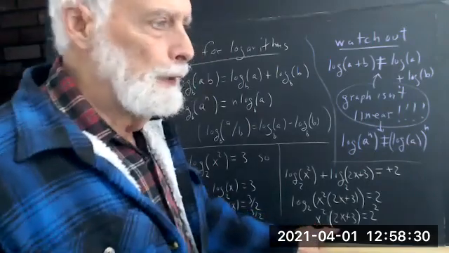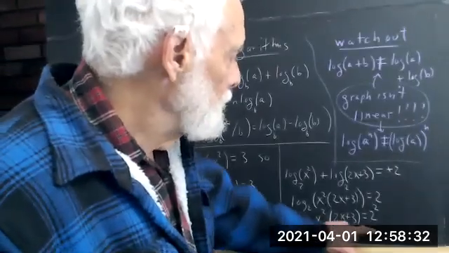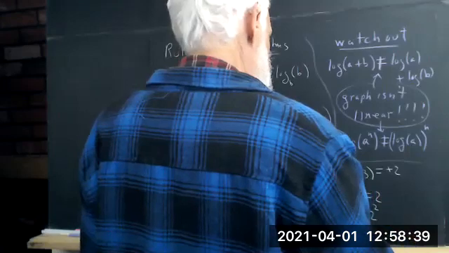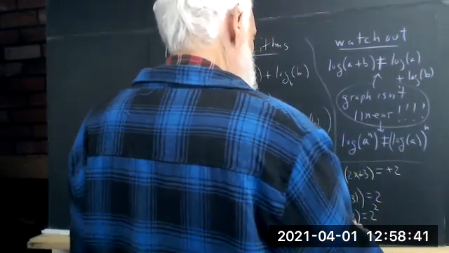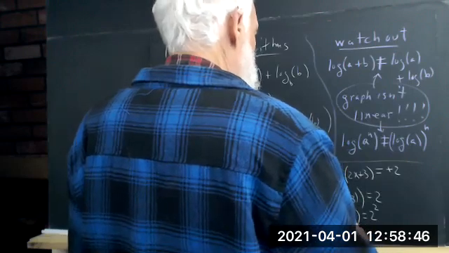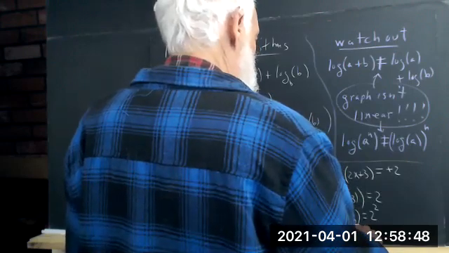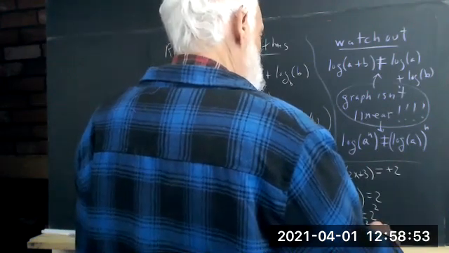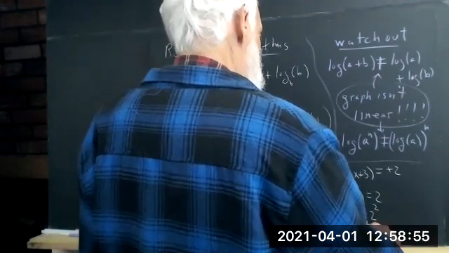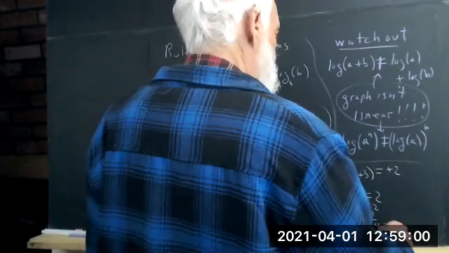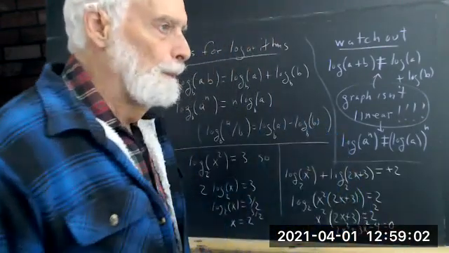That's a cubic equation. You have a 2 over here. Now that would lead you to the equation 2x cubed plus 3x squared minus 4 equals 0.